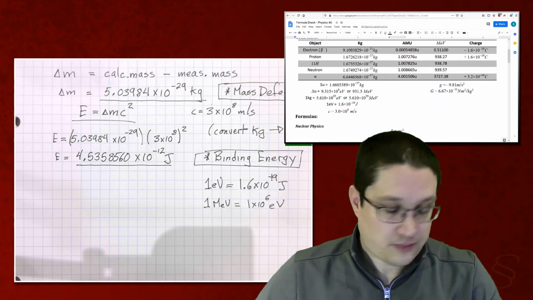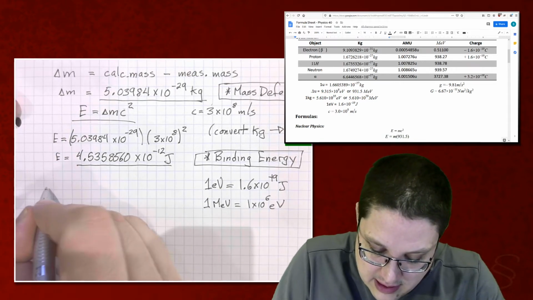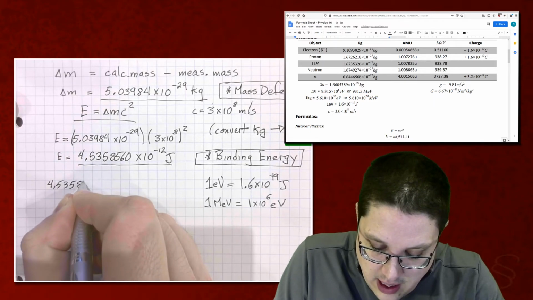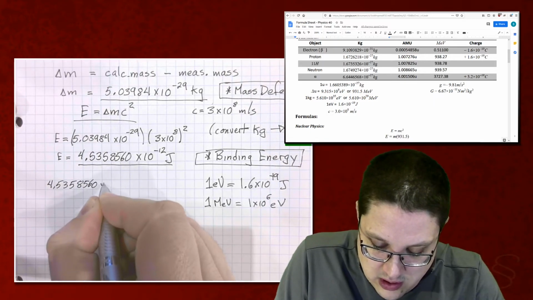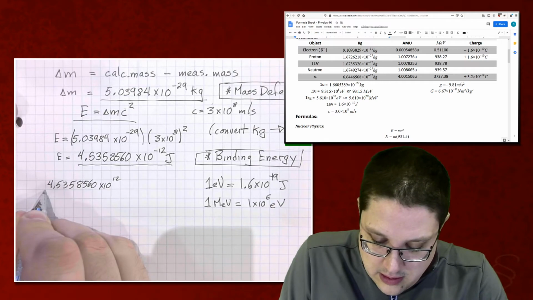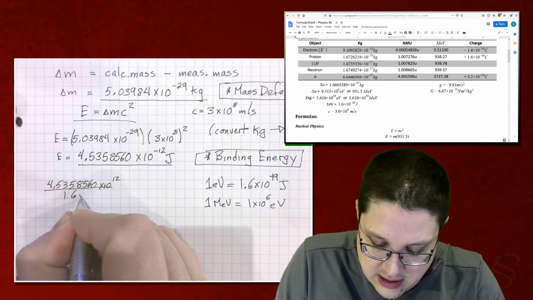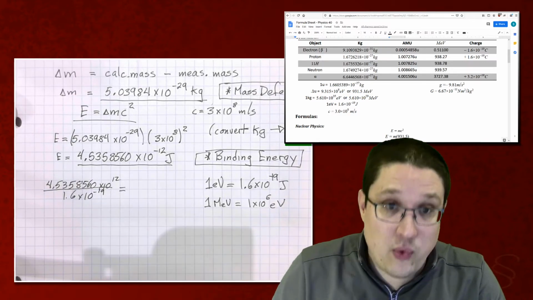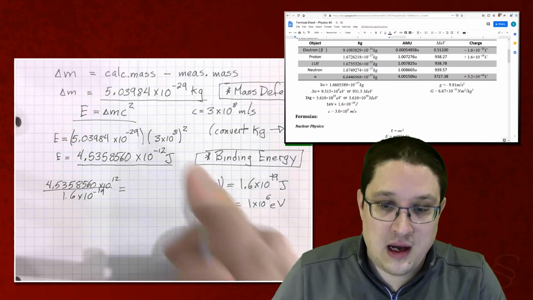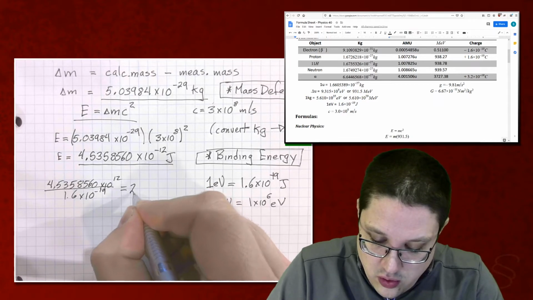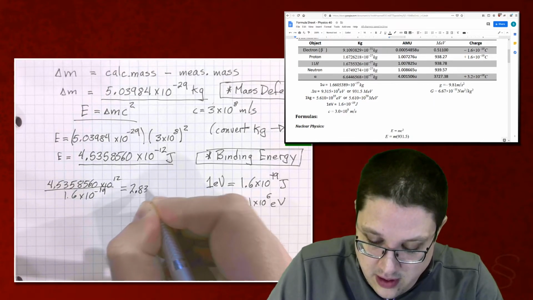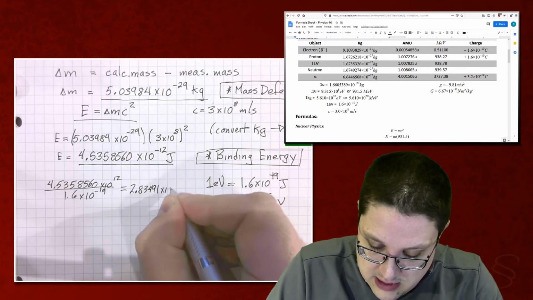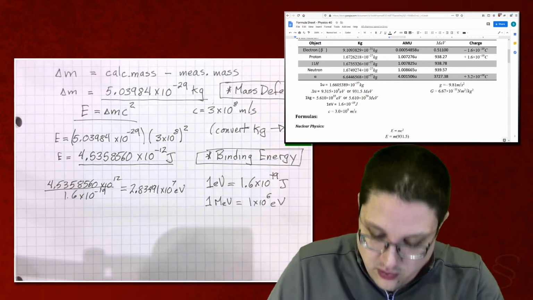So let's convert this. I'm going to take this energy, 4.535856 times 10 to the 12, divided by 1.6 times 10 to the negative 19, and I end up with 2.83491 times 10 to the 7 electron volts.